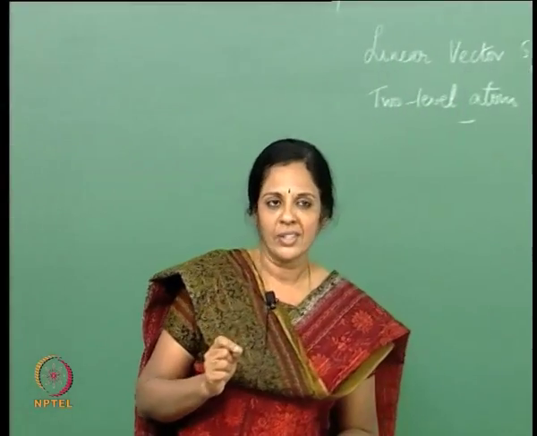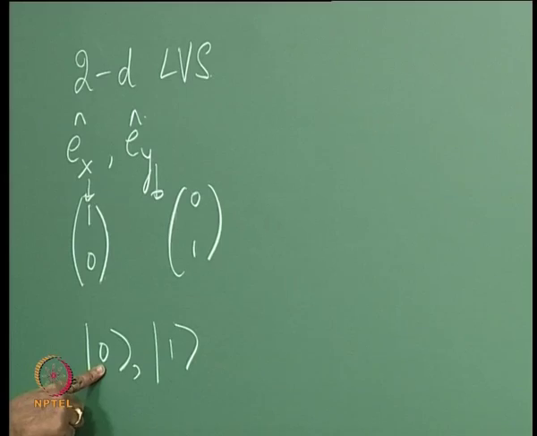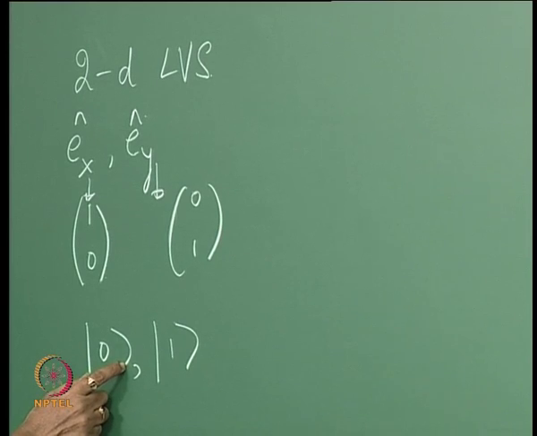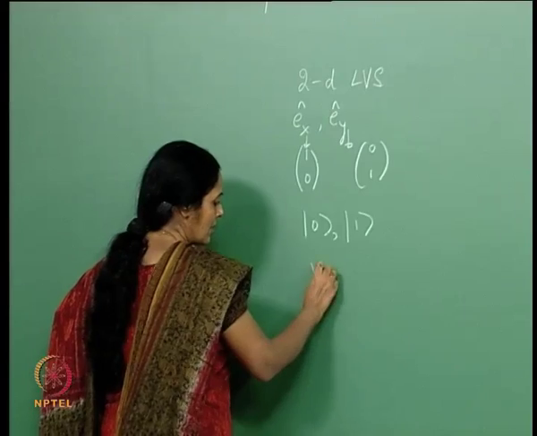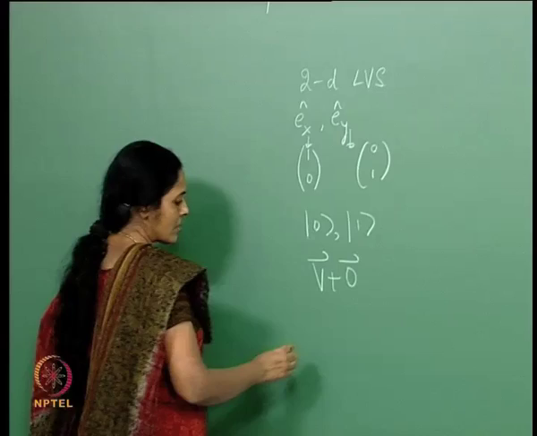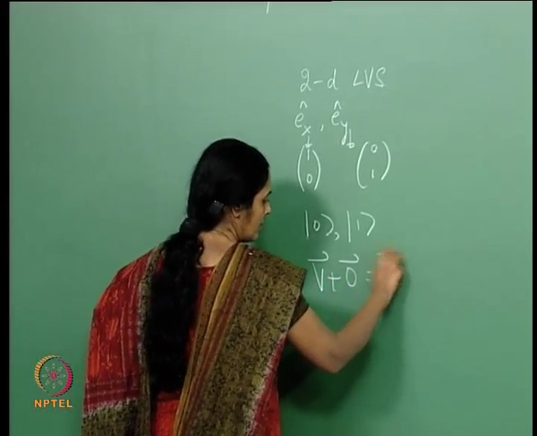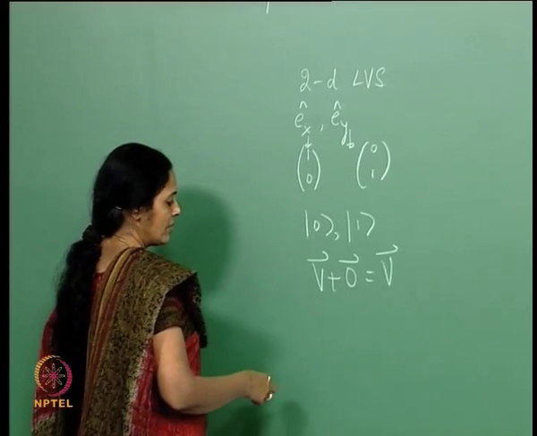I want to emphasize that the 0 here does not stand for the null vector. Earlier on, when we discussed the properties of a linear vector space, I said that there is a null vector in the space, and on addition with any other vector, it leaves the vector unchanged.